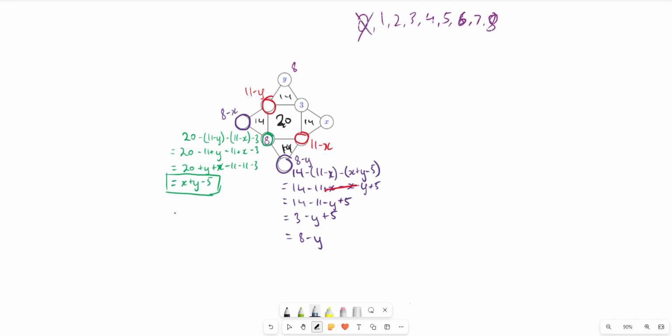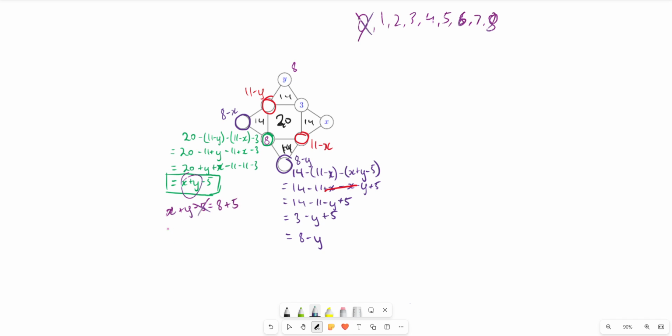So this is 8. Well, you can see that we actually have x plus y here. So x plus y minus 5 equals 8. We can actually simplify that to just make it x plus y here.